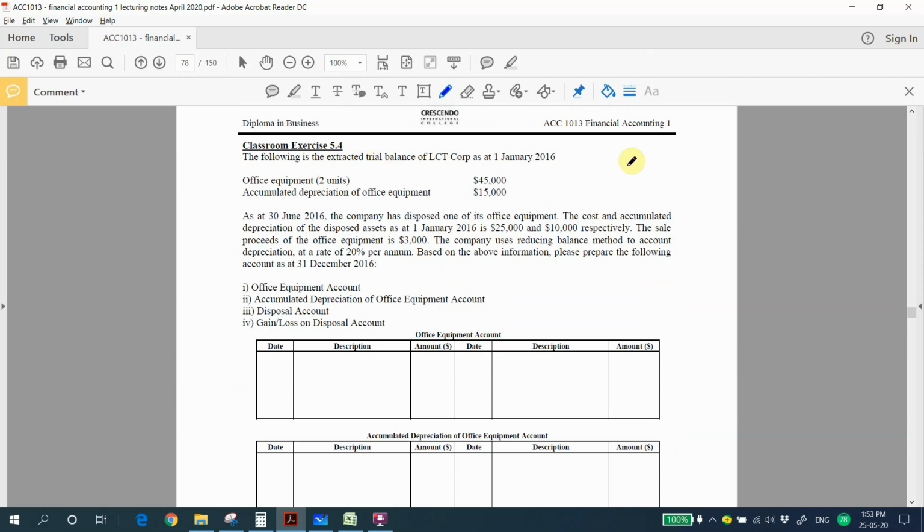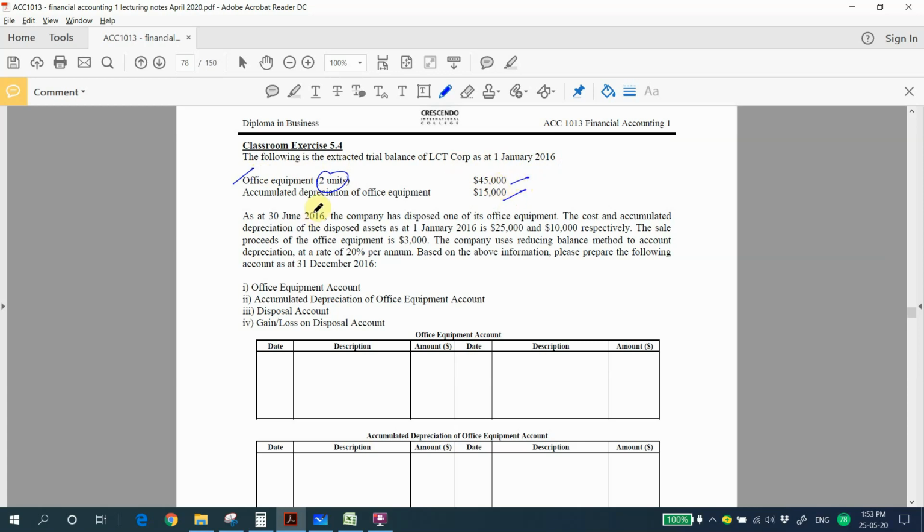The following is the extracted trial balance of LCT company as at 1st January 2016. So it says that this is office equipment. They have 2 units. The total cost is 45,000 and the total accumulated depreciation up to the 1st of January 2016 is 15,000.